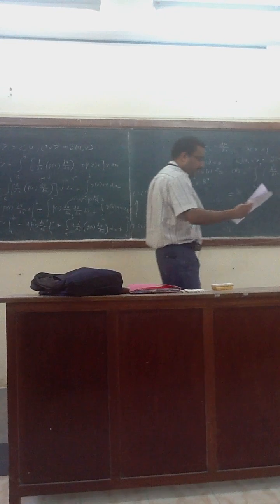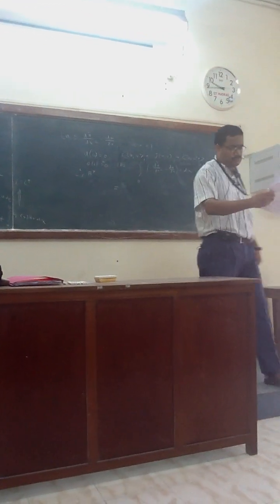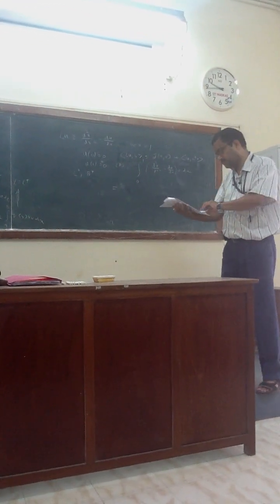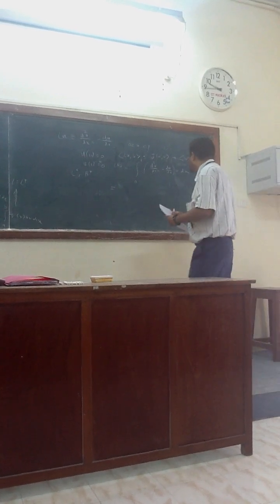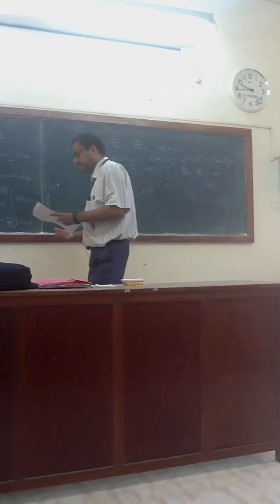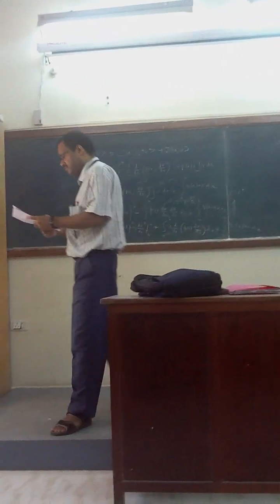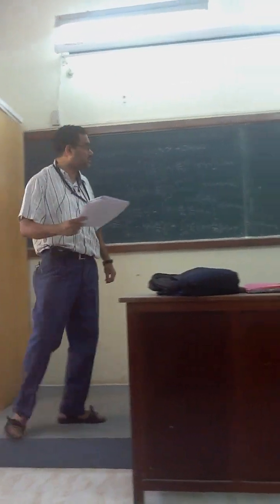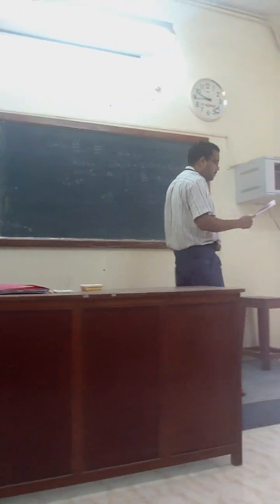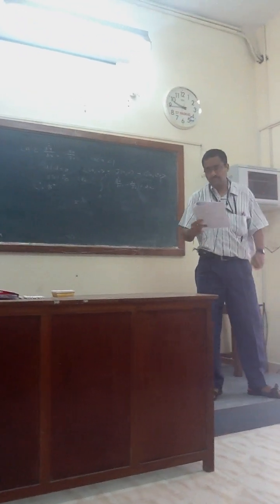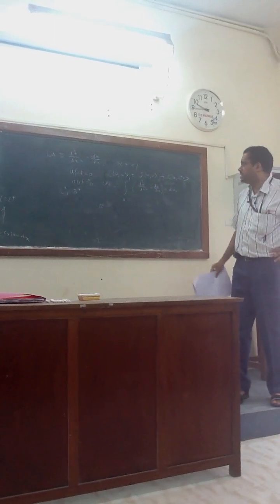What is the final answer? Combining two terms. What's the final answer? What is your JUV and what is the inner product? How many terms will be there in JUV?